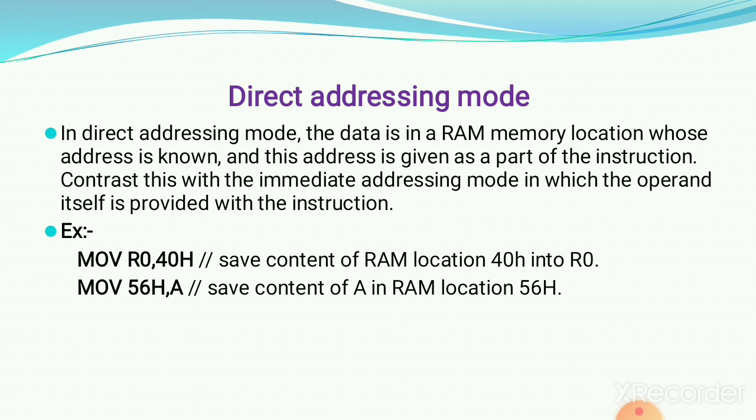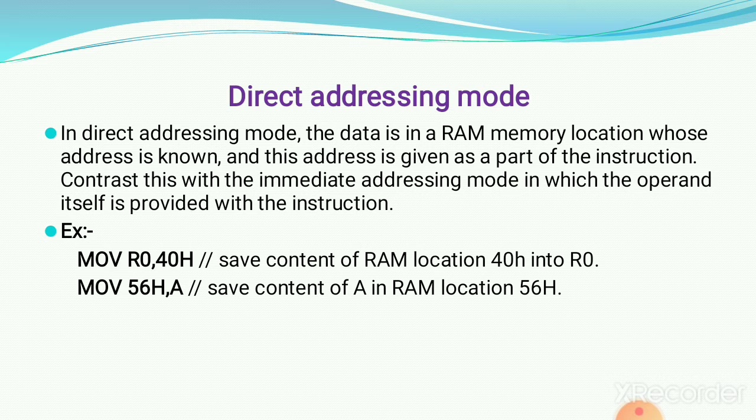Next is the direct addressing mode. In this mode, the data is in a RAM memory location whose address is known, and this address is given as a part of the instruction.